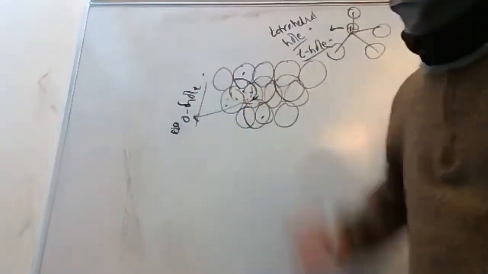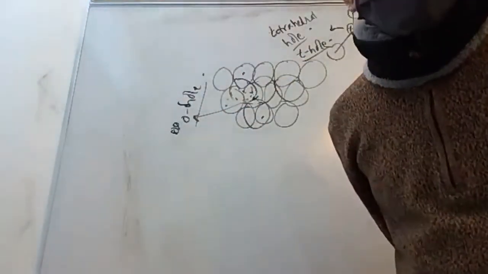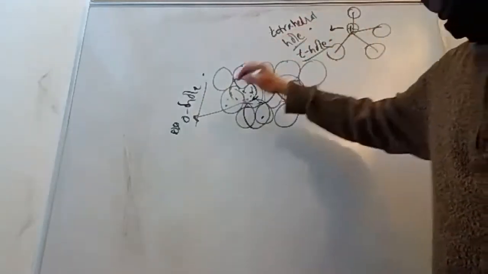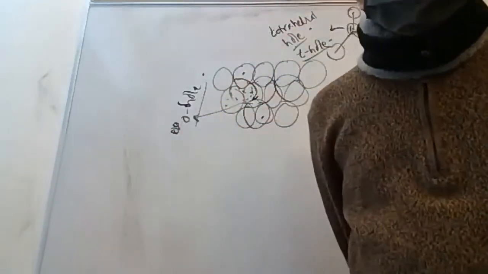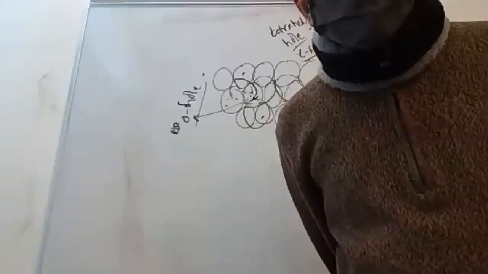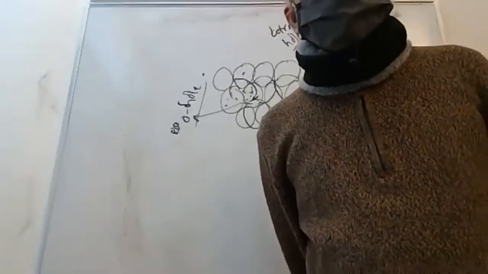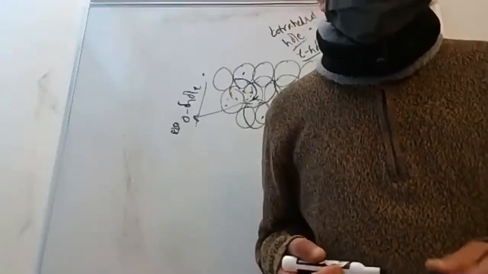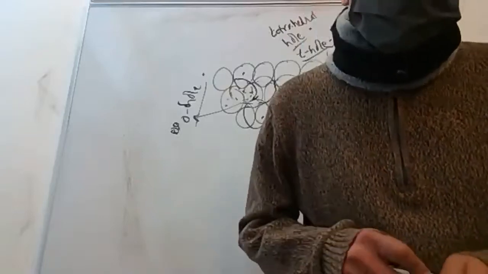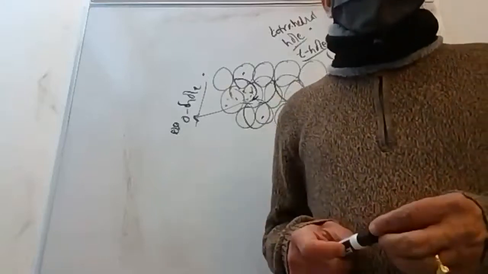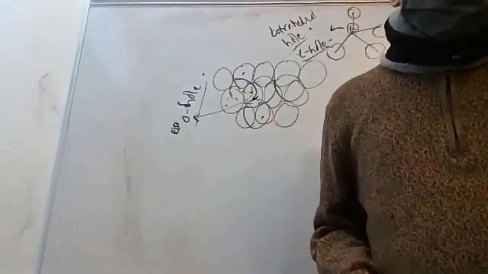Most solids have only 2 types of spaces in between them: one is a tetrahedral hole, one is an octahedral hole. So the entire solid state chemistry, to a large extent, depends on the occupancy of octahedral and tetrahedral holes. We will get into more detail as we get into different arrangements. Are there any questions up to this point?